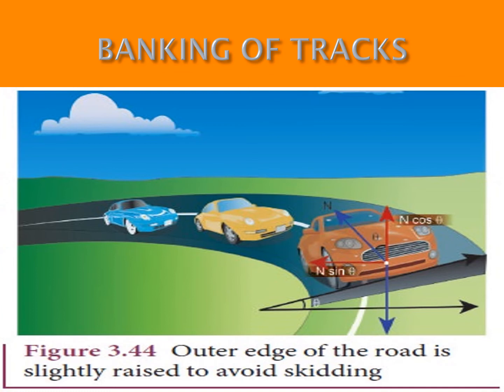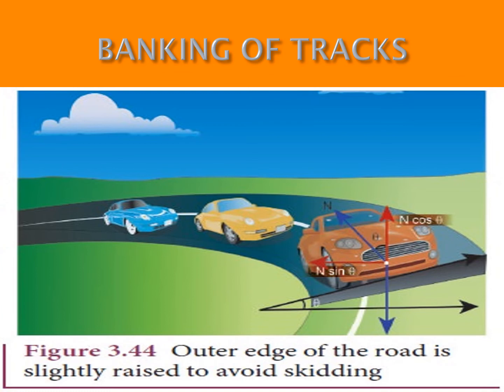To avoid this problem, usually the outer edge of the road is slightly raised. The outer edge is slightly raised compared to the inner edge. This is called the banking of road. To prevent skidding, the outer edge is built higher than the inner edge. That is the banking. So, a certain angle of inclination is there.